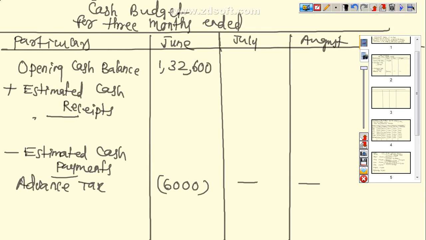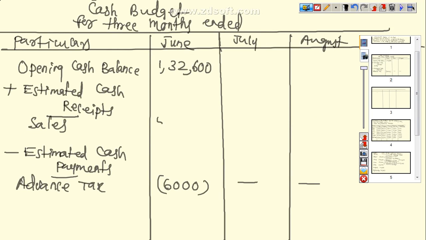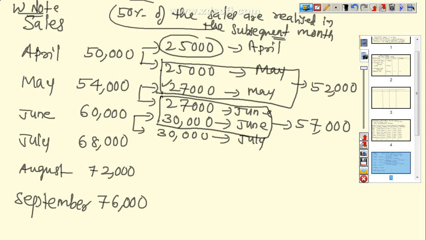So sales come under estimated cash receipt. We write it here, sale in the month of June, how much we receive? 57,000. And for next month calculation, 68,000 we receive in July, but 50% of the sales are received here. So 50% of 68,000 is equal to 34,000. So 34,000 we receive in July itself and the remaining 50% in the next month, that is August.